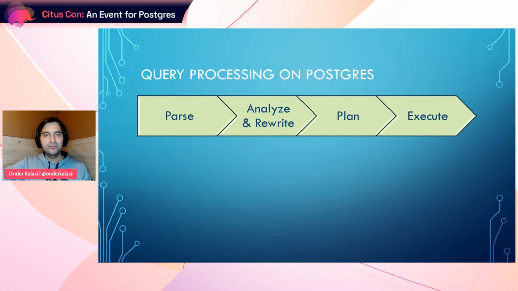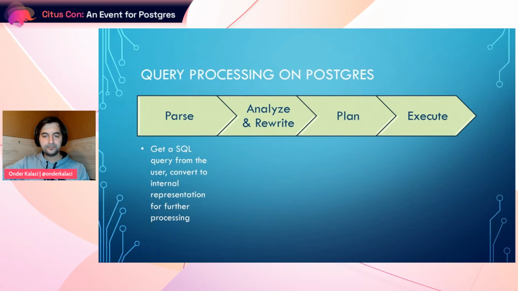Before describing what happens under the hood for Citus, I thought it would be very useful to remind what happens for Postgres under the hood when a query comes in. Query processing in Postgres consists of almost 4 distinct stages: parse, analyze, rewrite, plan, and execute.